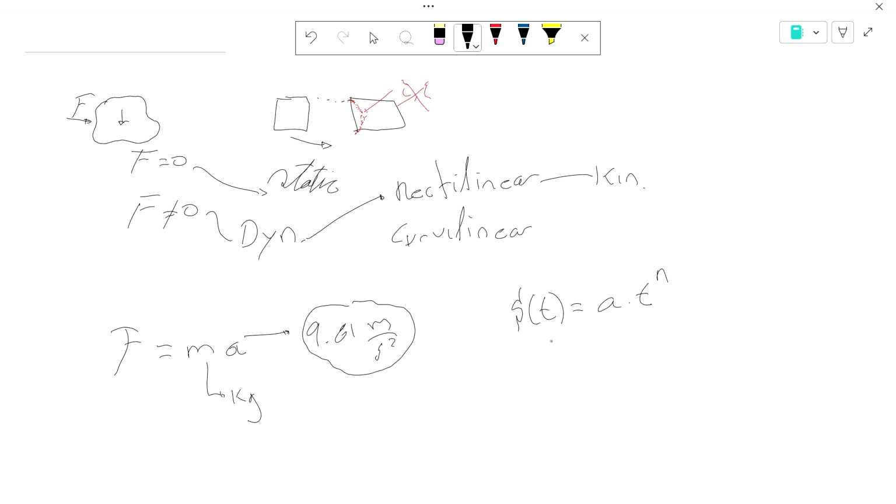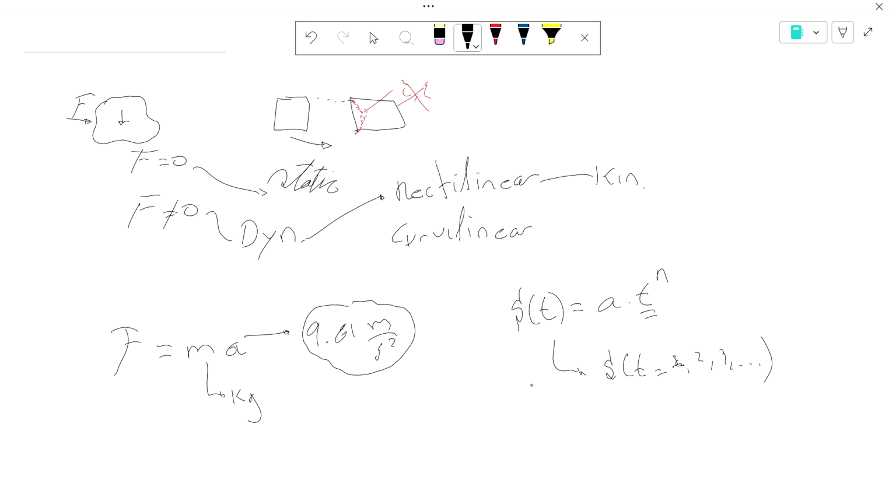Then you simply find the position at time equals 1, 2, 3, etc. So if they ask you what is the position of the particle at t equals 5, then this is the function. You simply put 5 in for time and evaluate the function.